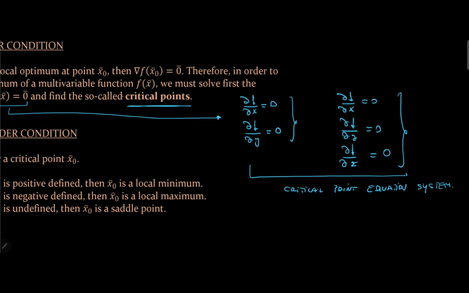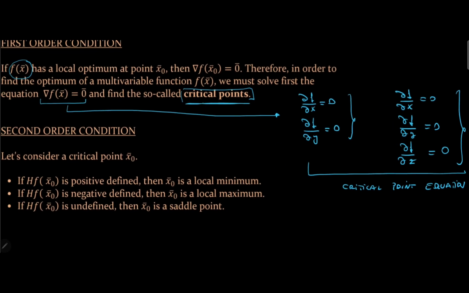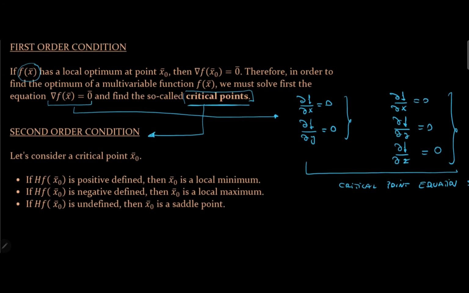Once we have the critical points, then we must use the second order condition. And now the second order condition is also slightly different, because we don't have just one single second order derivative, but we have several second order derivatives, as you know. We have a Hessian matrix.